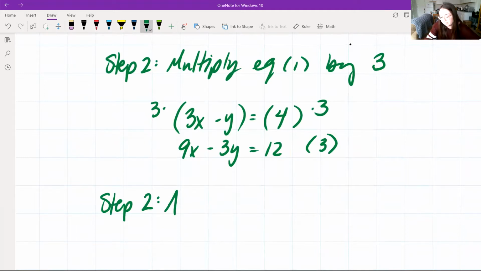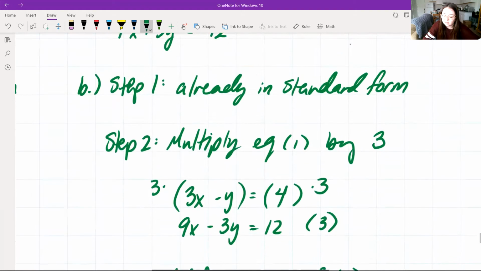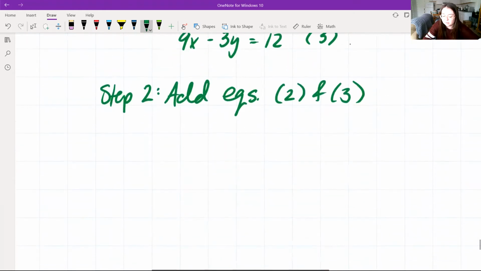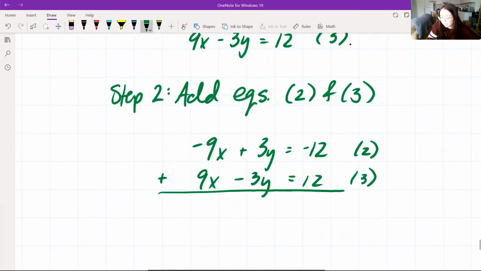So step 3, we want to add equations 2 and 3. Equation 2 we said was negative 9x plus 3y is equal to negative 12, and equation 3 is 9x minus 3y is equal to 12. And we're adding these equations together.